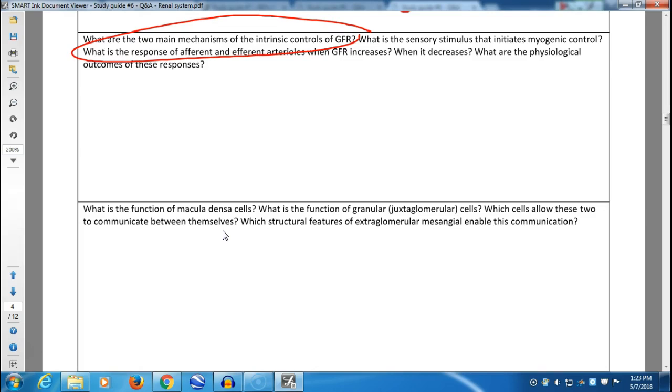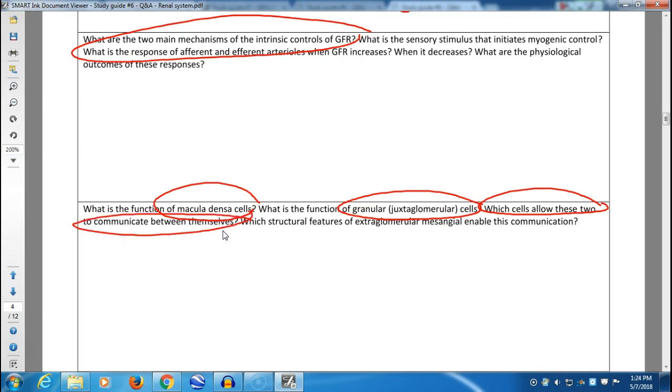Macula densa cells sense sodium chloride. Granular cells change the diameter of the afferent and efferent arterioles and release renin. Remember, those are the sources of renin. Mesangial cells, communication.